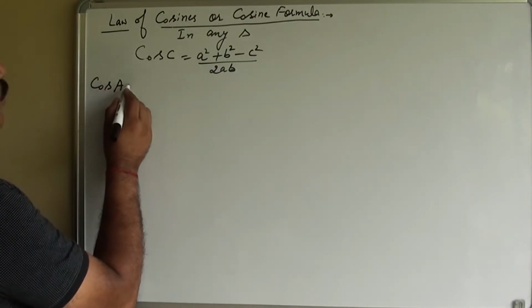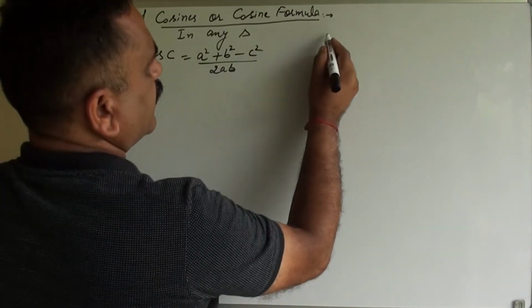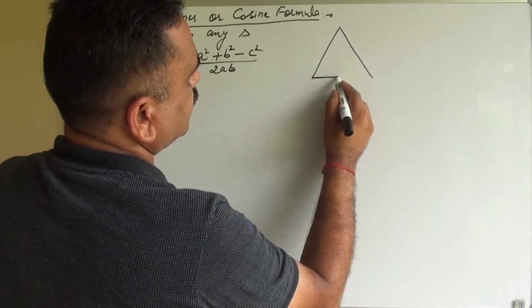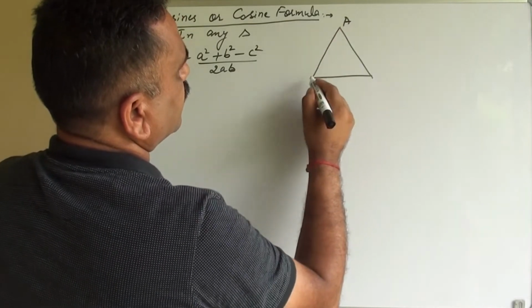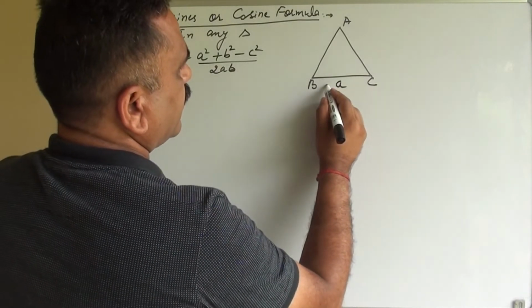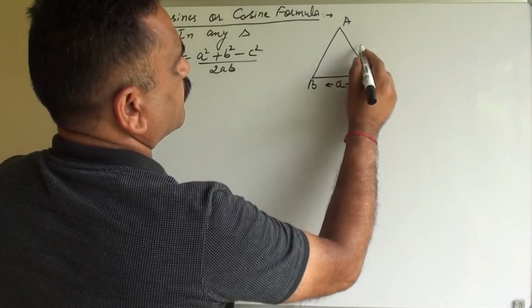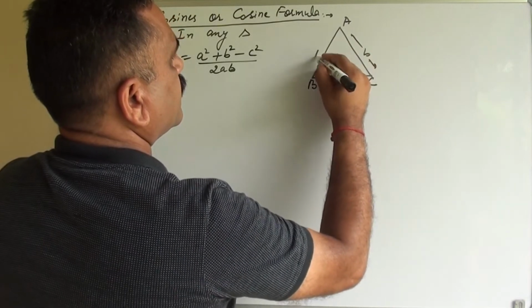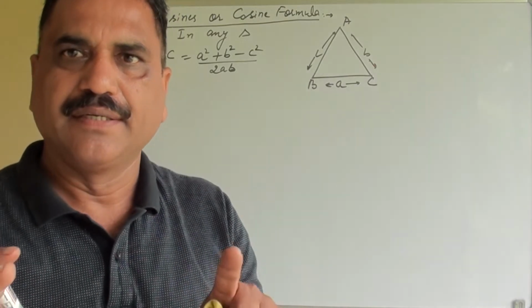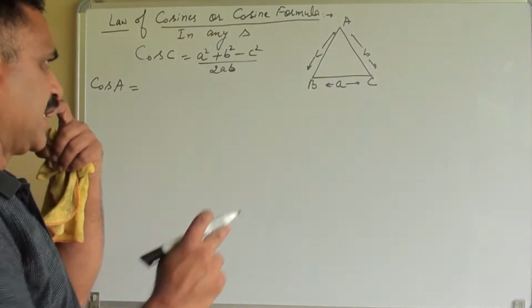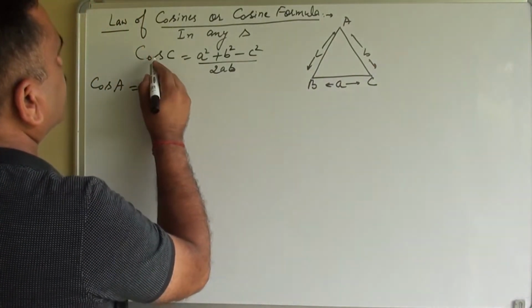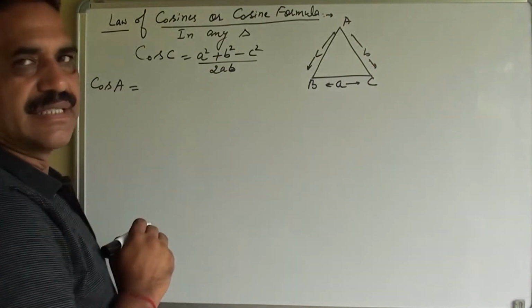Cos of A, cosine of angle A, where ABC is any triangle, and A, B, C are lengths of the sides of triangle. Small a, b, c, we have assumed that these are the lengths of the sides of triangle, and capital A, B, C are the angles.